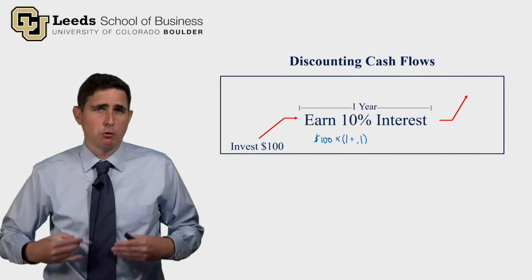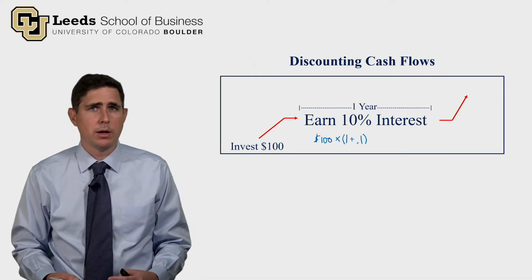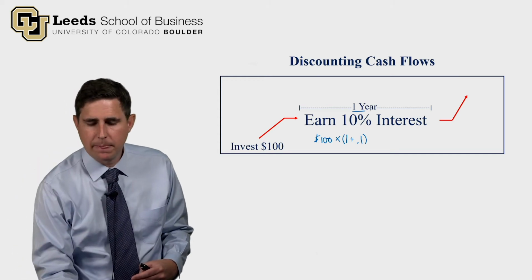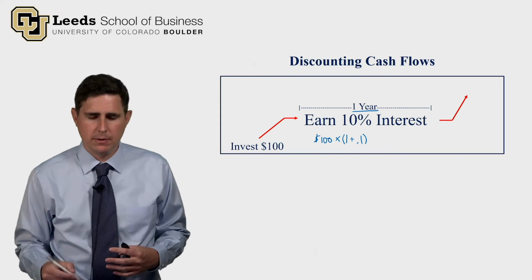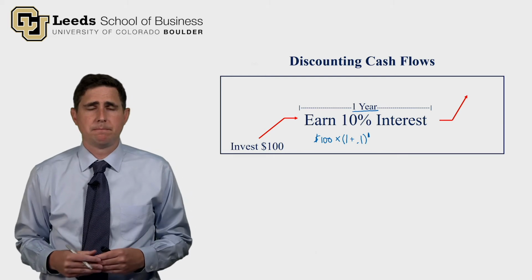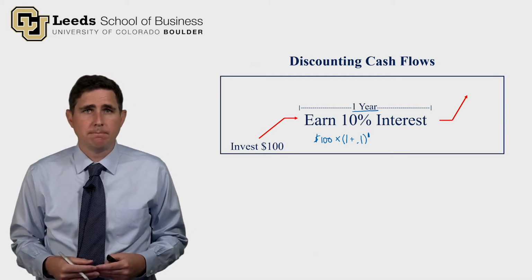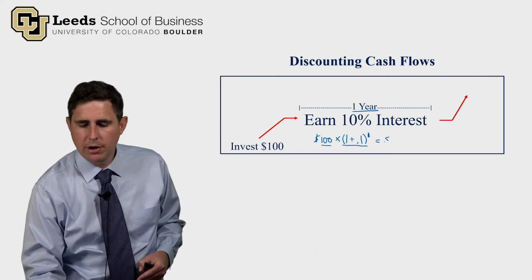And everything in parentheses is 1.1. You need to raise that quantity to the number of periods that the money is going to be earning interest. And so for this example, we're only going to raise it to the first power. And so 1.1 to the first power is still 1.1. So 100 times 1.1 is $110.